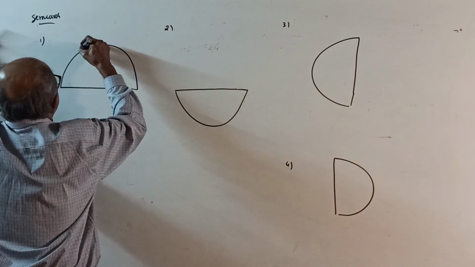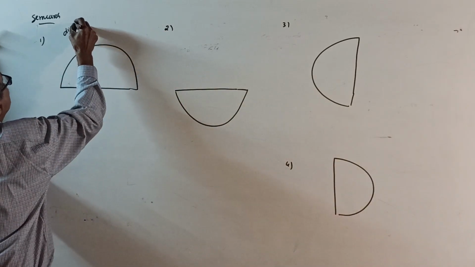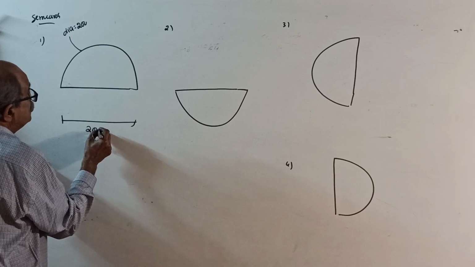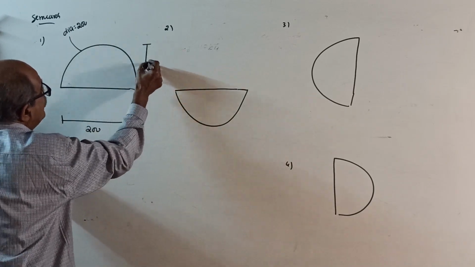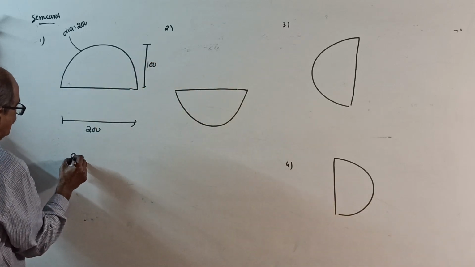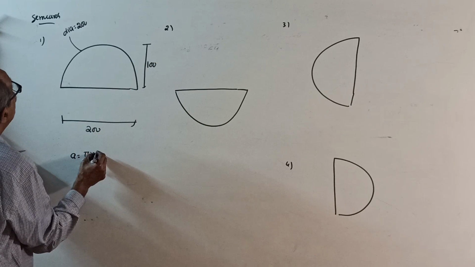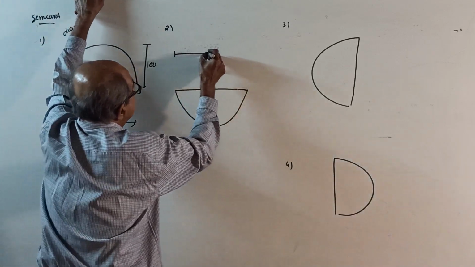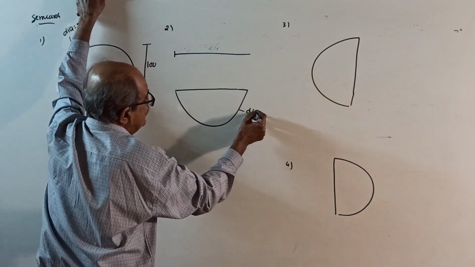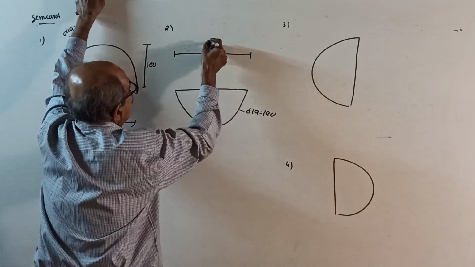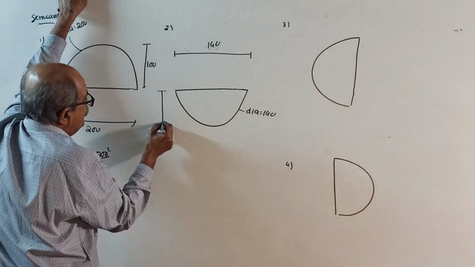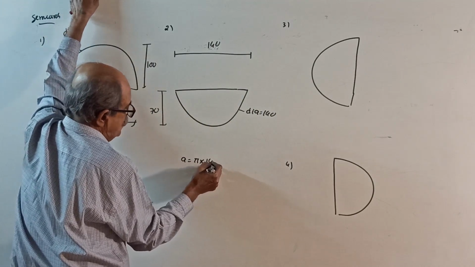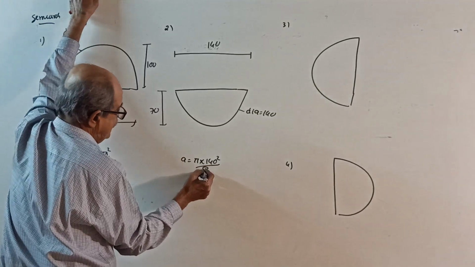Okay, start. Imagine this diameter is 200. Therefore, this is 200. If this is 200, remember, this will be 100, half of the diameter. Area is pi into 200 squared divided by 8. Here, imagine this diameter is 140, so this is 140. If that is 140, this will be 70. Area is pi into 140 squared divided by 8.